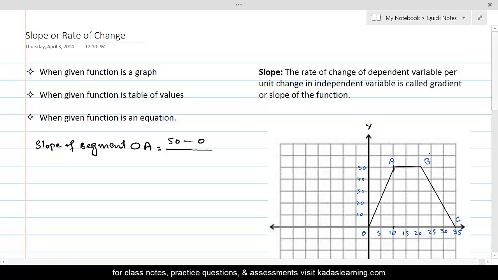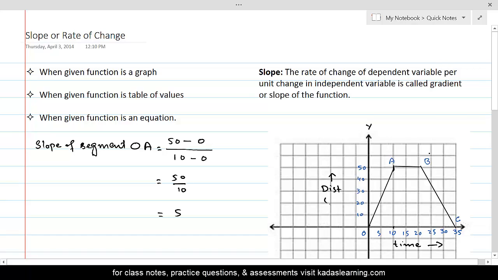That is from 0 to 10, so this change is 10 minus 0. By the way, time changes along the horizontal axis, and distance is the quantity changing along the y-axis. Therefore, this is equal to 50 over 10, which is 5.